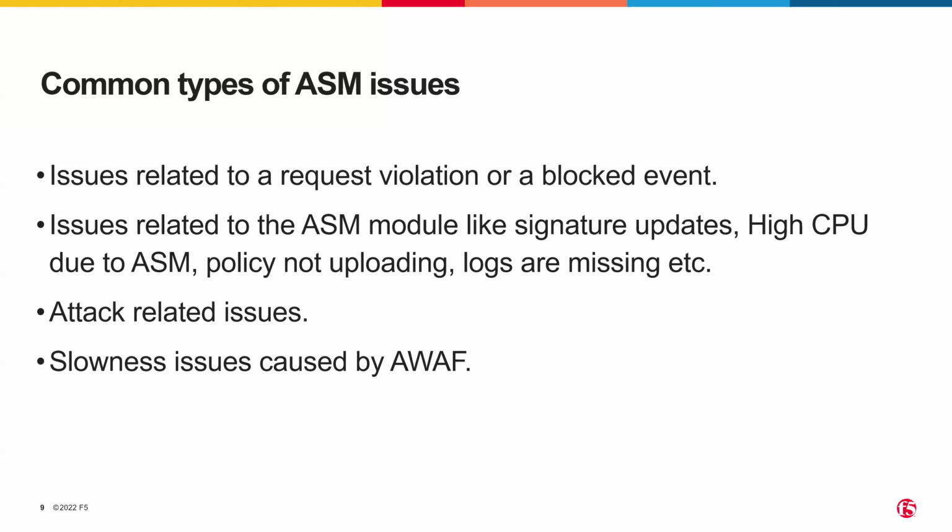Or module-level issues, like high CPU utilization only because of the ASM policy, or signatures not getting updated, or browser challenges not getting updated, or any other utilities available for ASM not getting updated automatically, or certain logs not being available. The client is getting the support ID, but it is not visible in the logs to troubleshoot further. Another thing is attack-related issues, and slowness issues caused by the WAF. I will discuss these one by one next.